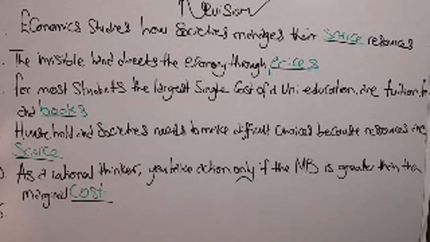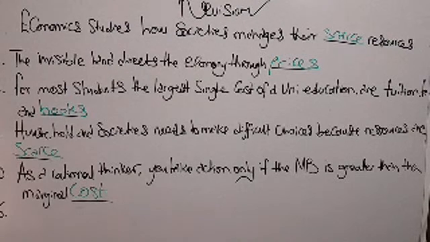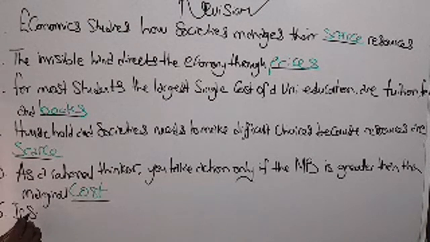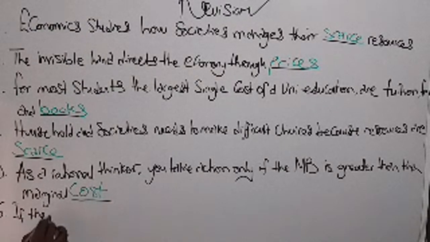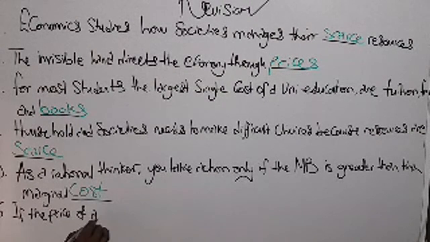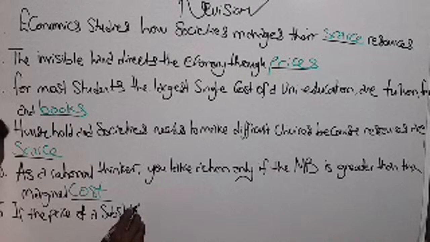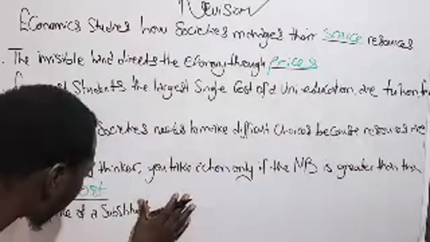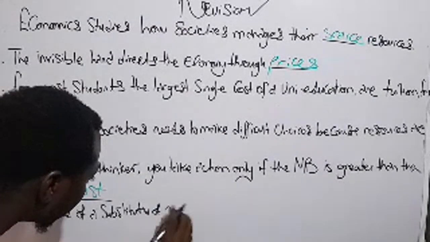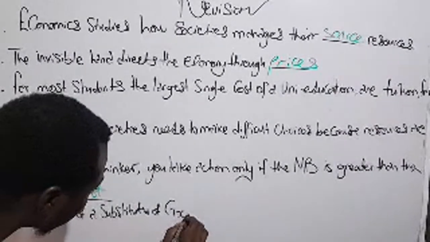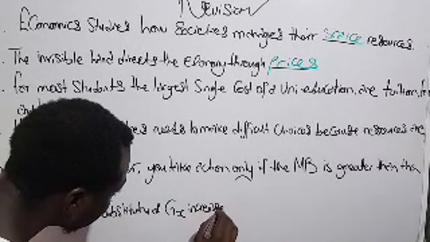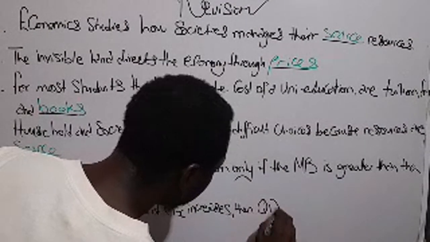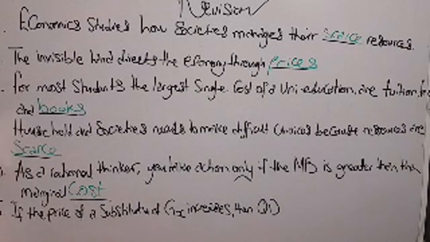That question is too long for this spot, so let's put it this way: if the price of a substitute of good X increases, then QD, quantity demanded for good X, will dash.